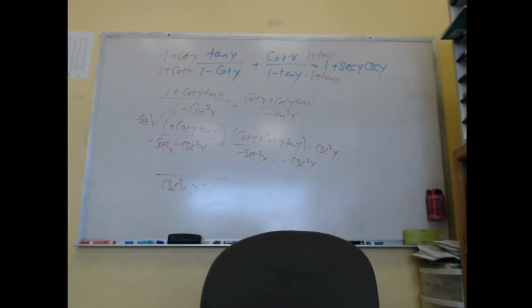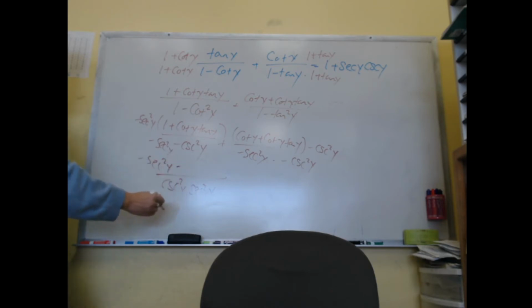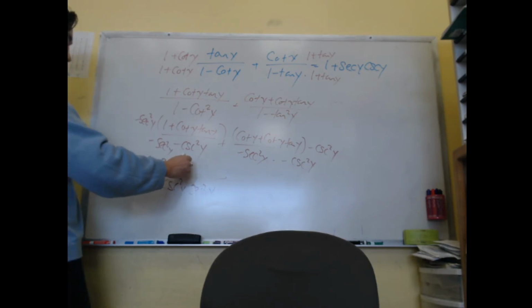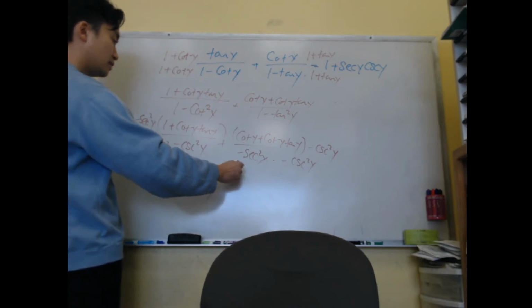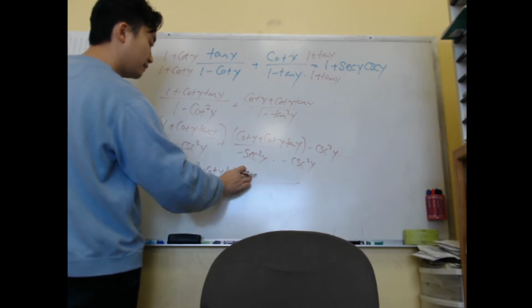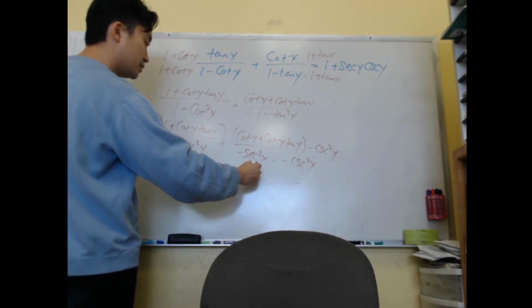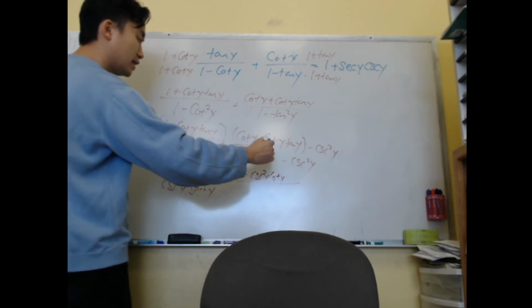Well, what happens if you just rewrite them? So this one is negative secant squared y minus secant squared y, cotangent y, tangent y. Extend it all the way. And that one is what? Negative cosecant squared y. Negative times negative.